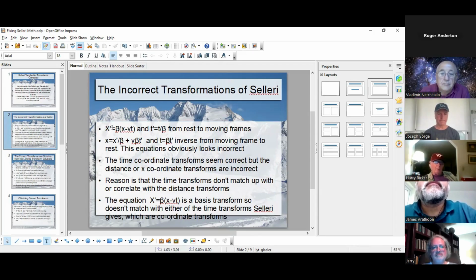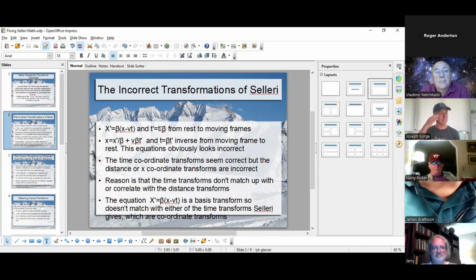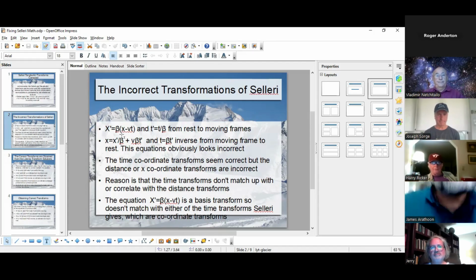This first equation, x prime equals beta x, is a basis change equation. The equation t prime over here is a coordinate change equation. And they're not going to go together. Then for the inverse, he gives x equals x prime divided by beta v t prime.